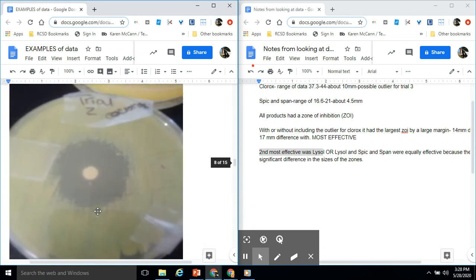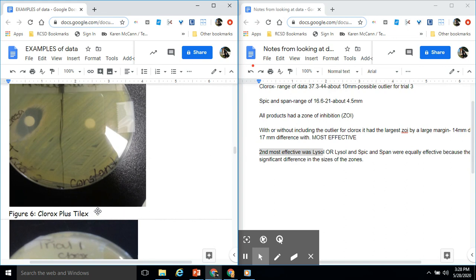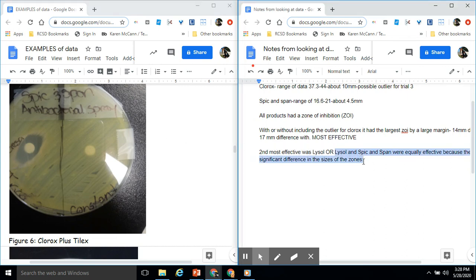So looking at the pictures, if I was going to draw my own conclusions from this, I would actually go with Lysol being second most effective, because when I look at the Spic and Span and how it looks on here, all of a sudden I'm like, oh, Spic and Span is definitely third. So I don't need to worry about saying they're equally effective or anything like that.